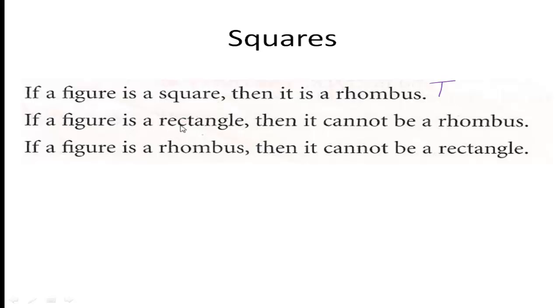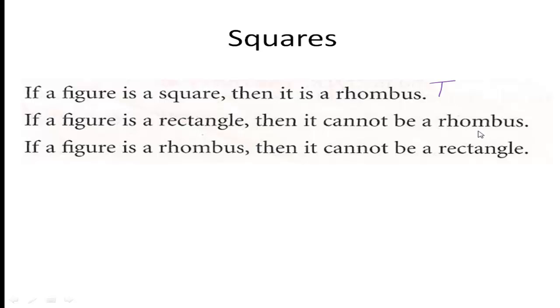If a figure is a rectangle, then it cannot be a rhombus. Why can't it be a rhombus? Remember that a rectangle's definition is it has 4 right angles.